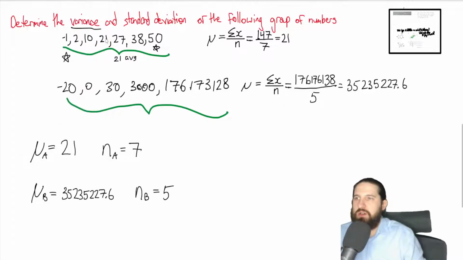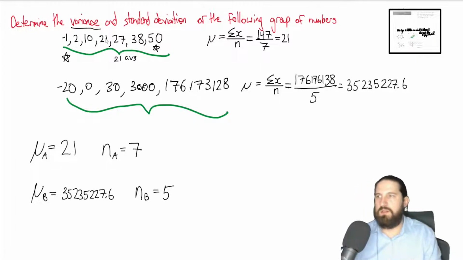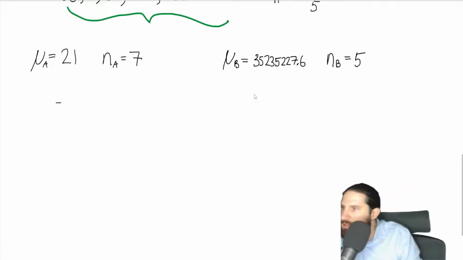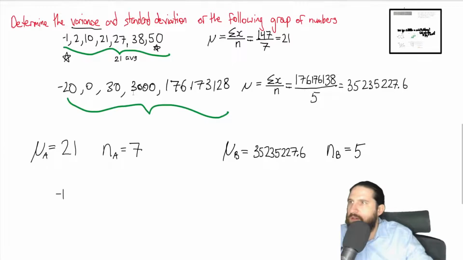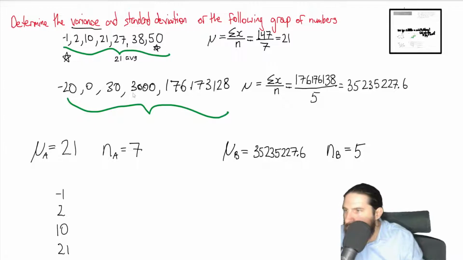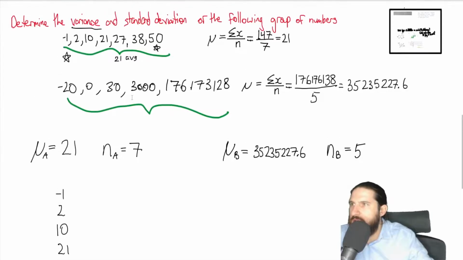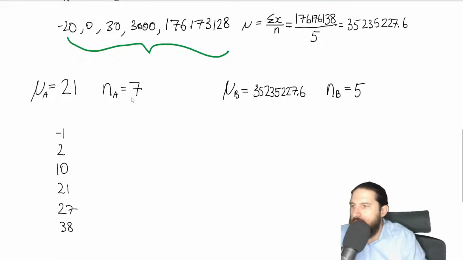Now, the standard deviation is going to come from this. What we're going to need to do is with each one of them, we're going to compare it to the mean. Okay? So, let's do this. Let's make a little table, okay, for this one, and a little table for this one. Okay? And so, it's -1, 2, 10, 21, 27, 38, and 50.